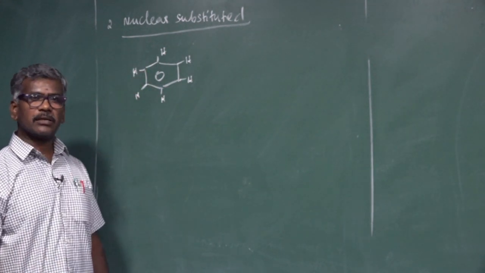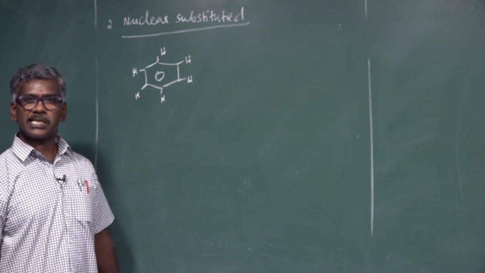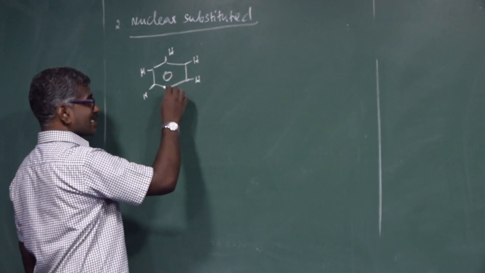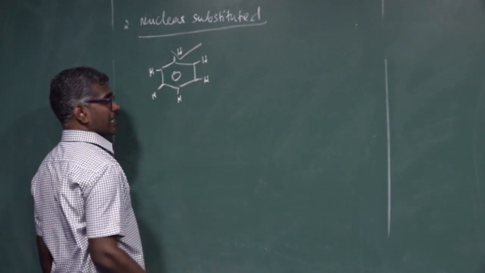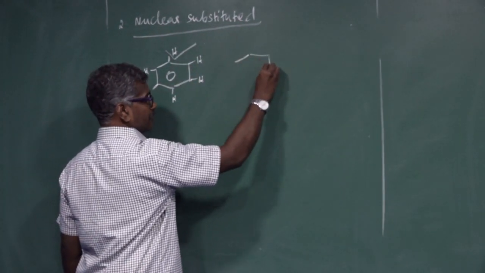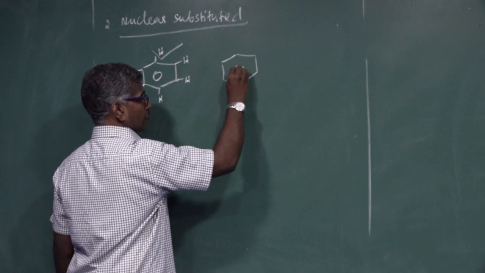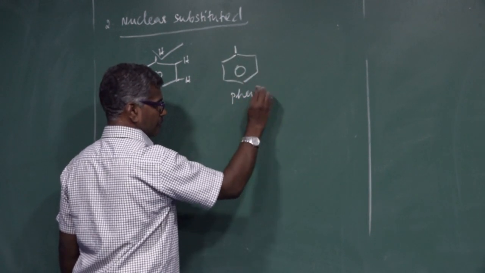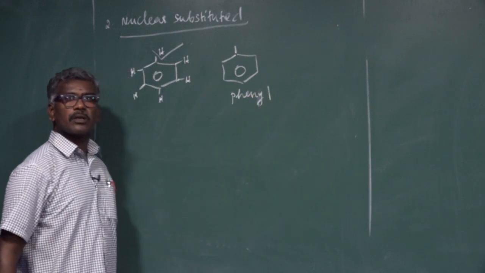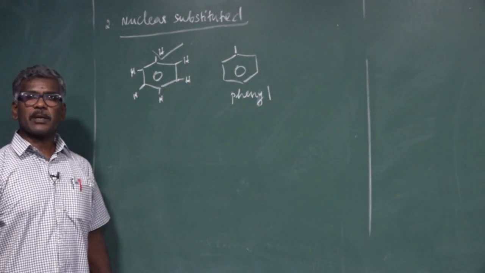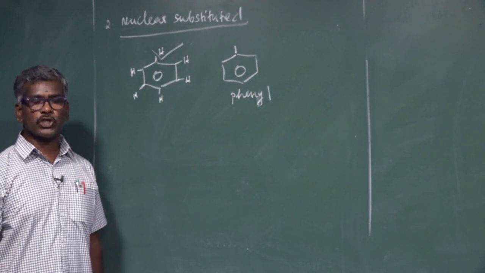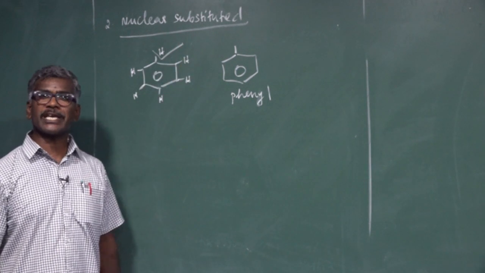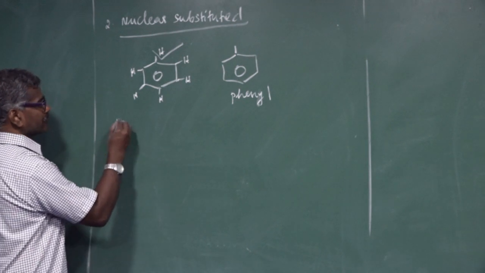In the benzene ring, there are 6 carbons and 6 hydrogens. Among them, 1 hydrogen can be replaced, and this is called phenyl. If 2 hydrogens are replaced, it is di-substituted, and if 3 hydrogens are replaced, it is tri-substituted. So nuclear substituted can be classified into 3 types.